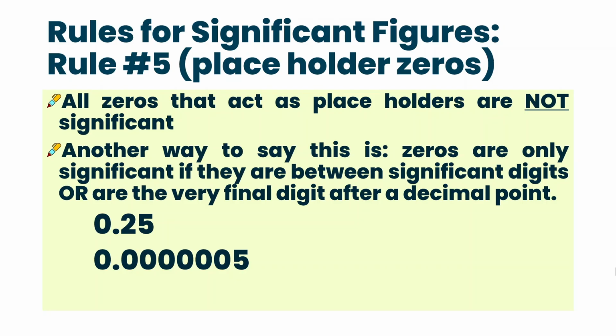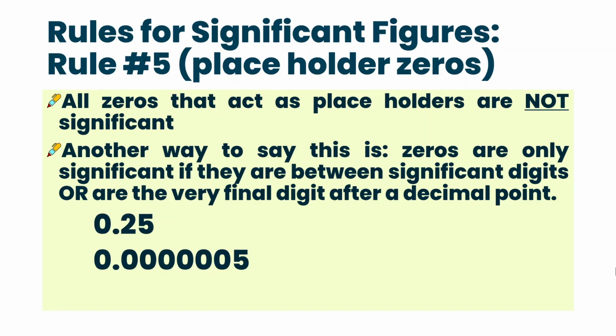And 0.000005, in this case, has only one significant figure, because all of the zeros that come before 5 are not significant. Remember, zeros are only significant if they're in between significant digits or the very final digit after a decimal point. Okay?